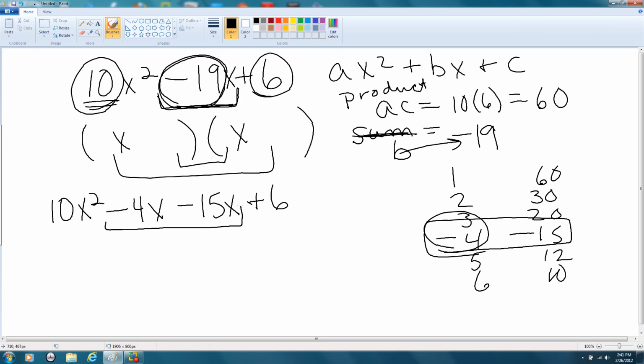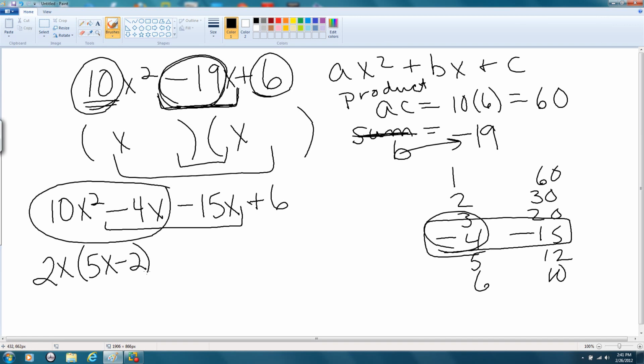So look at this now. If we go ahead, we're going to look at this expression right here. We're going to get the GCF of 10x squared and negative 4x, which is 2x. So we're going to factor out a 2x. And then to get back to that, we're going to go 5x minus 2. And we're going to do the same thing over here. We're going to say minus, and we're going to factor out whatever we can of 15x and 6.